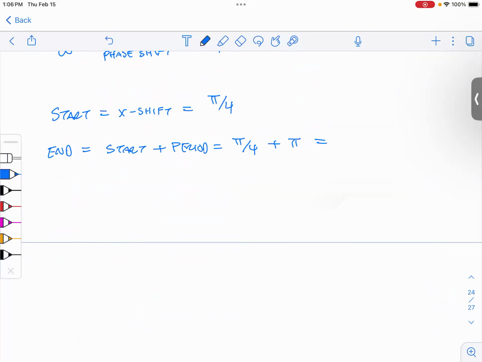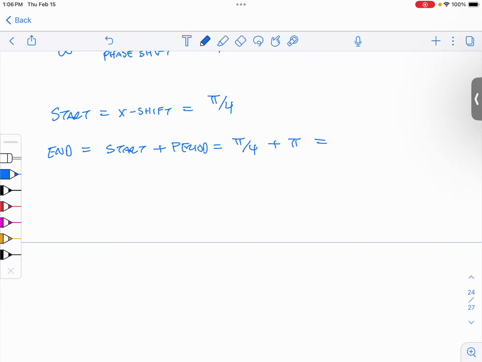And are we getting better at this math? What's pi over 4 plus pi? That is, what is 1 plus 1/4? Charlene? Just without the pi's, that'd just be 1 and 1/4, so 5/4.